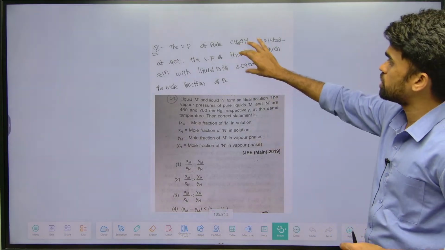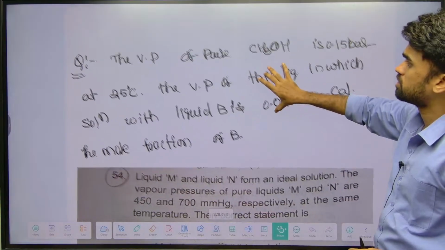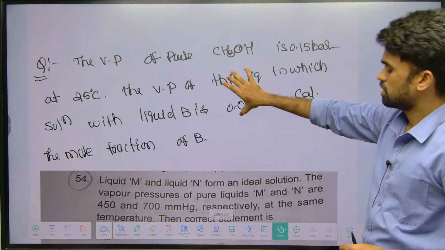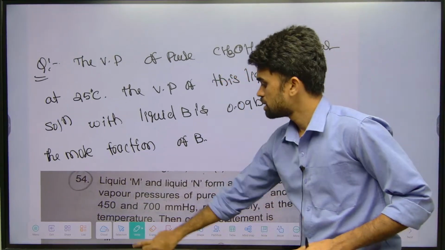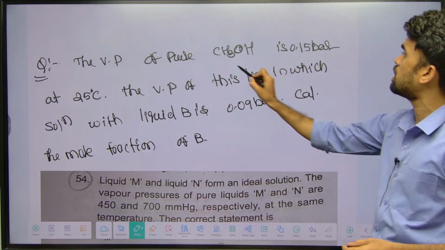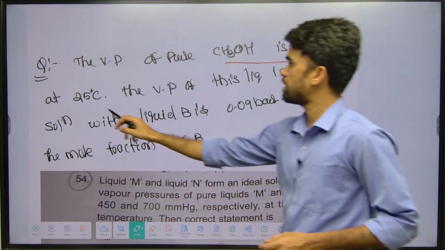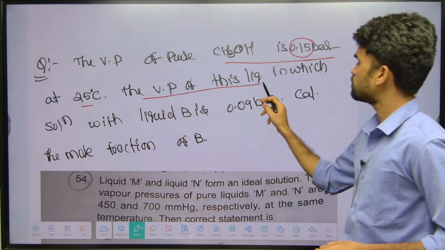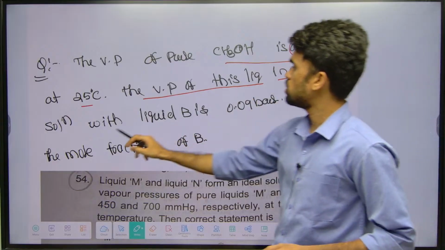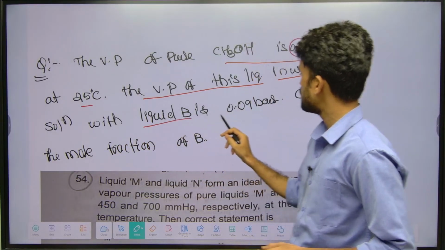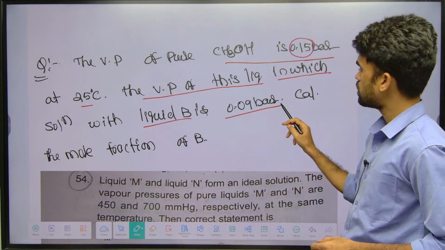Read this first question which is written with black pen. Yeah, read it once. The vapor pressure of pure methanol is this much. How much is it? 0.15 bar at 25 degrees Celsius. The vapor pressure of this liquid in which solution is with the liquid B is 0.09 bar.